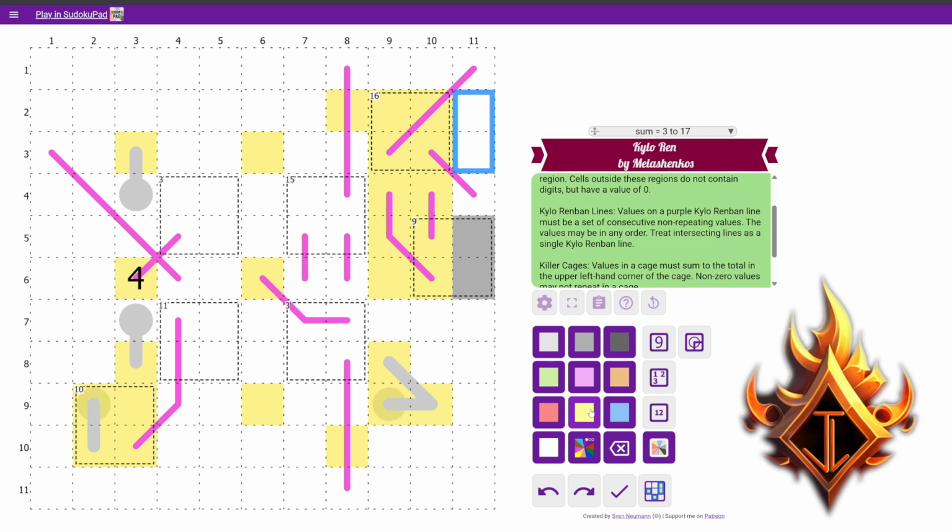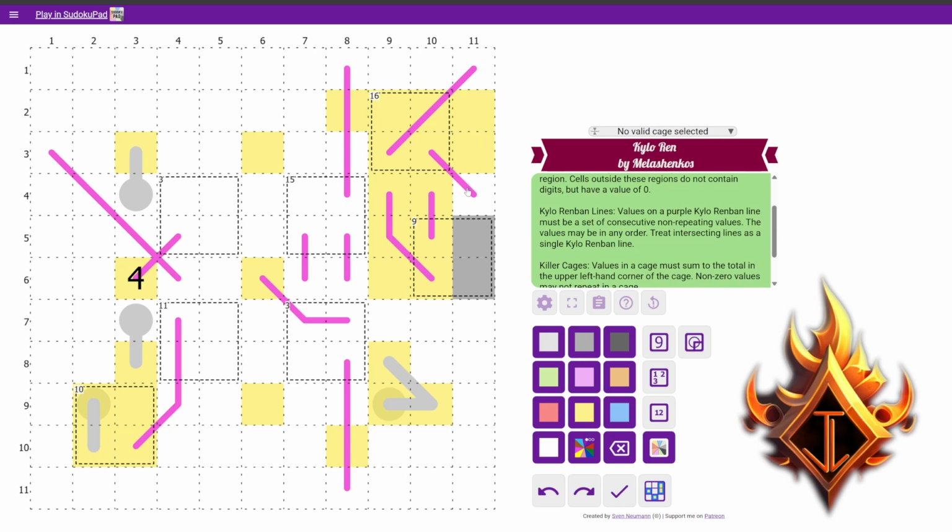Yes. Oh, it also means this box here does not go up there. Like that. Oh, actually it could. But both of these are yellow.